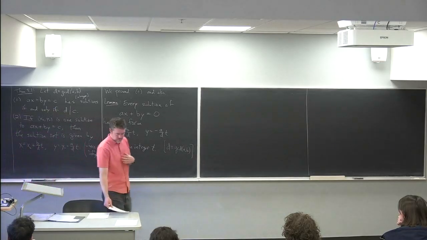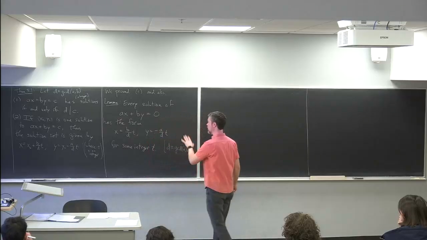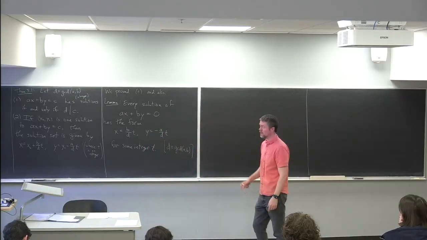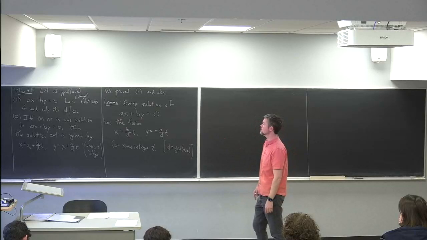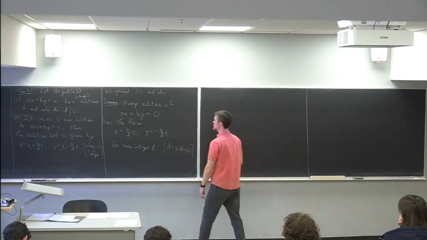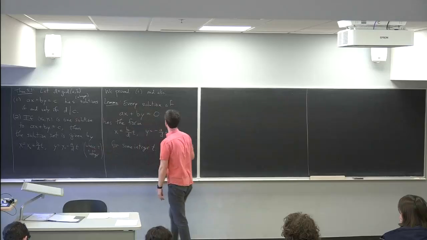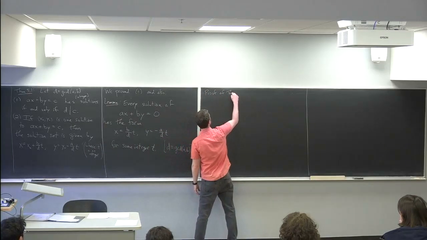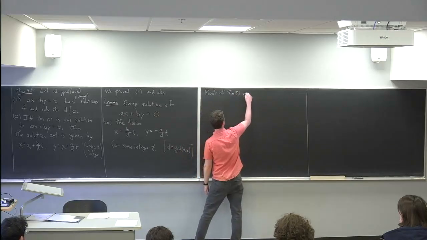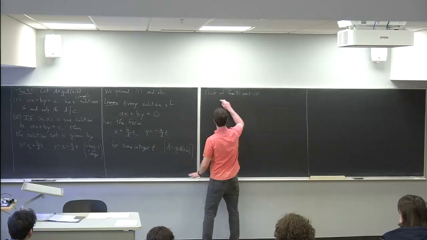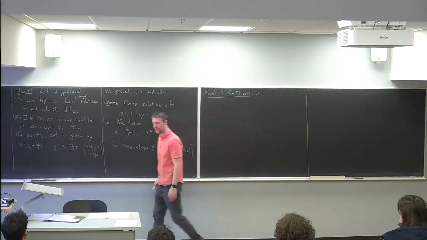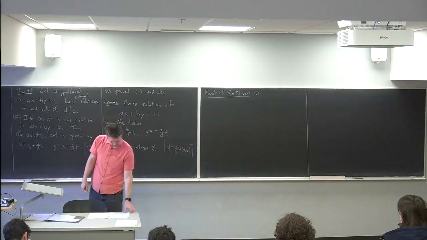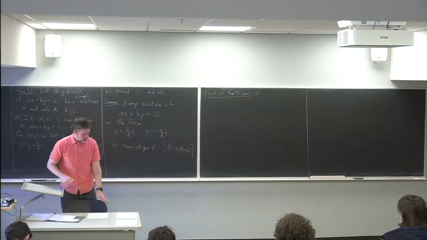Okay, so now we proved the lemma. We proved statement 1 over in that theorem. Now we actually have to finish and prove statement 2. So we're going to deal with this thing now. We have to do the proof of Theorem 3.1, part 2. That'll finish the theoretical portion of dealing with Diophantine equations.